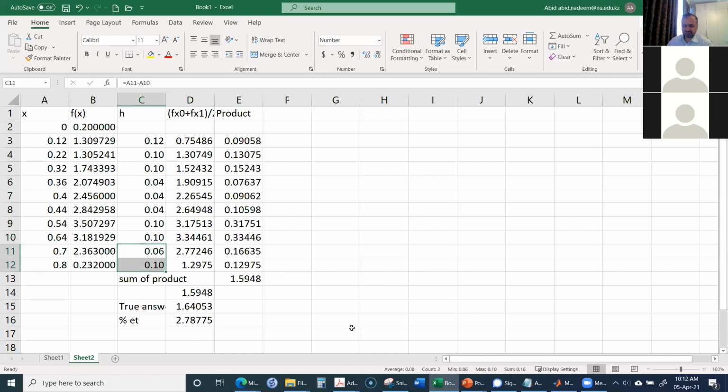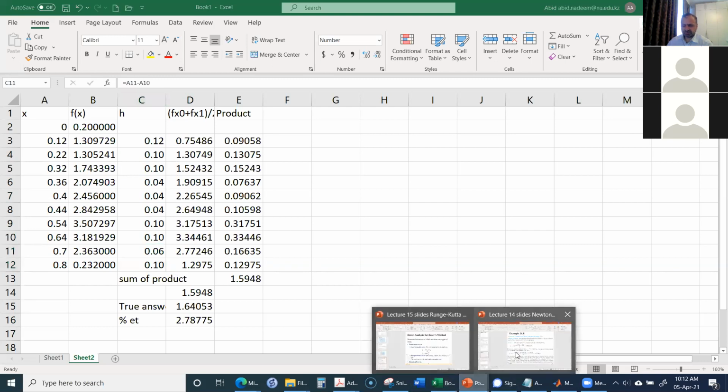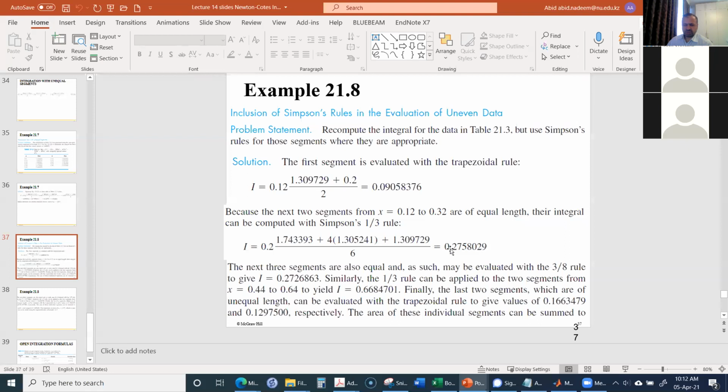So in this case, what we can do is further improve the accuracy by successively applying the equal segment rules, which are more accurate. So for example, the 1/3 rule and the trapezoidal rule.